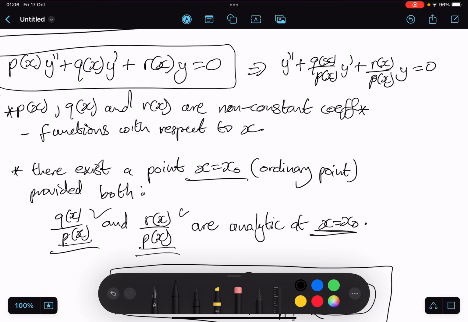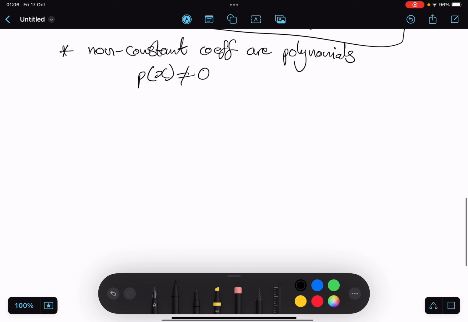So if we are assuming that the non-constant coefficients are polynomials, p of x shouldn't be equal to 0.